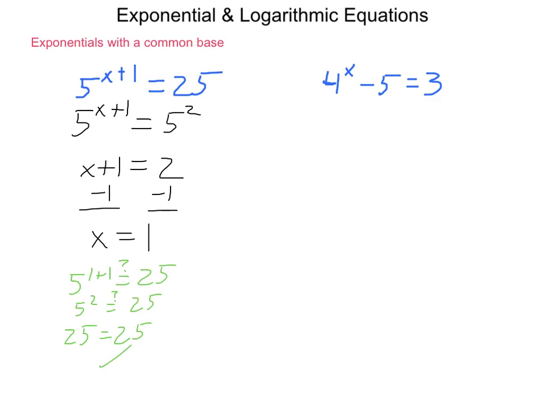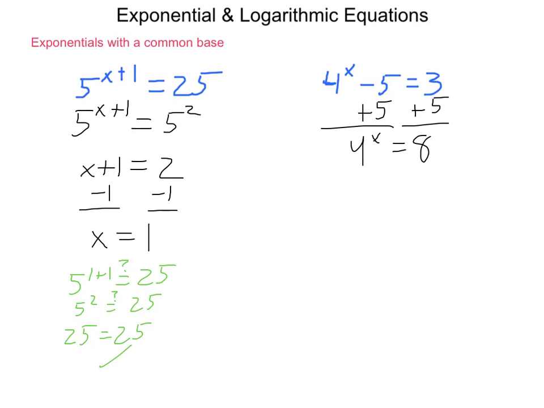Next, for our next example, we have 4 to the x minus 5 equals 3. Just like with other solvings, we're following SAD-MAG here, so I begin by getting rid of my subtraction or addition. I'm going to add 5 to each side of my equal sign, and I will have 4 to the x equals 8.